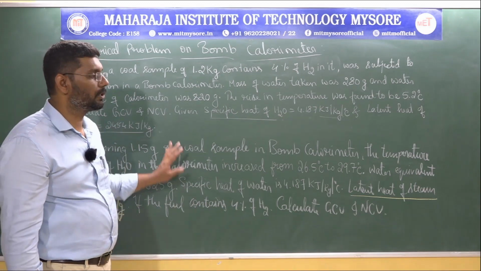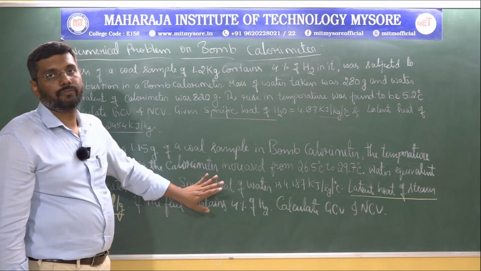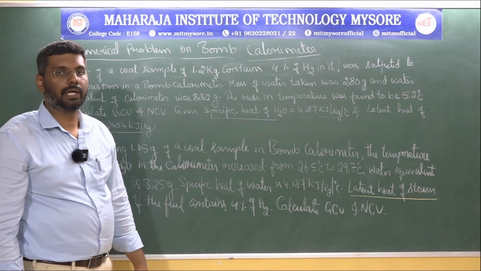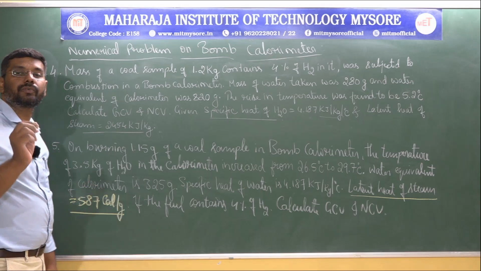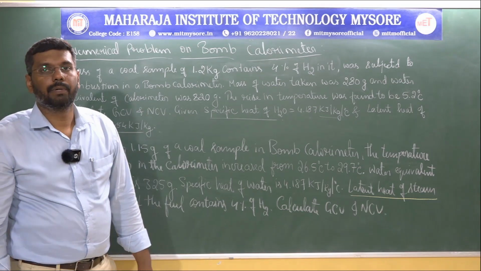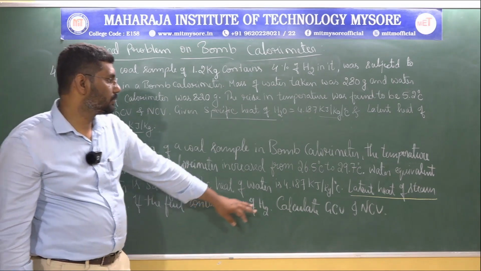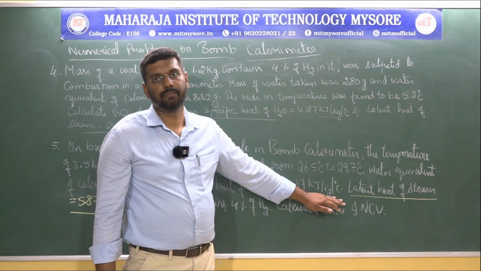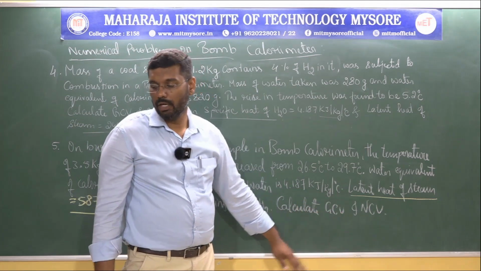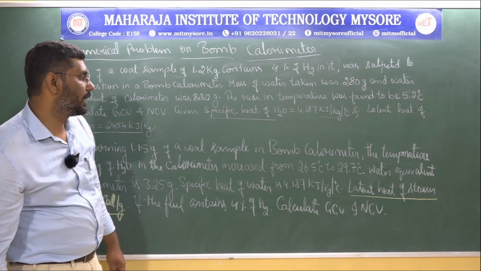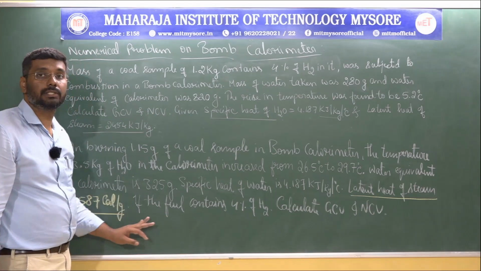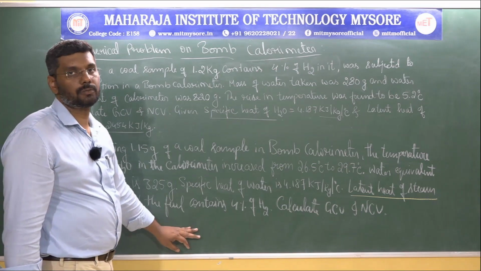In this numerical problem, which is slightly different from the previous problems we have done, the latent heat of steam is provided in calorie per gram, but we are expressing the GCV in kilojoules per kg. So you should be very careful to convert the latent heat of steam from calorie per gram to kilojoules per kg.